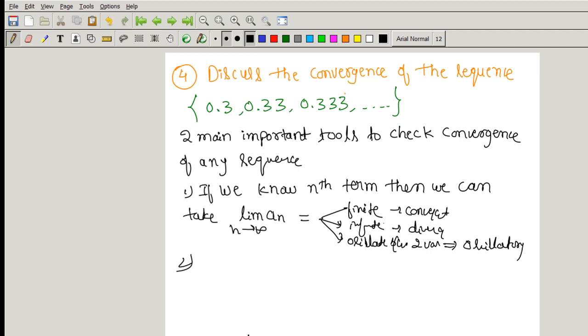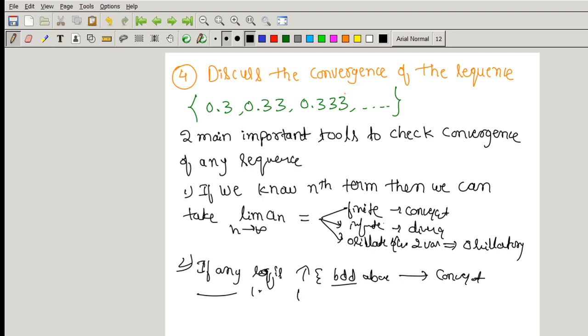Another important tool is: if any sequence is monotonically increasing and bounded above, it is always convergent. And if any sequence is monotonically decreasing and bounded below, it is also convergent.